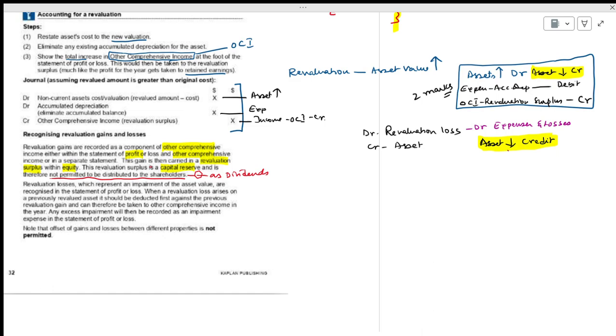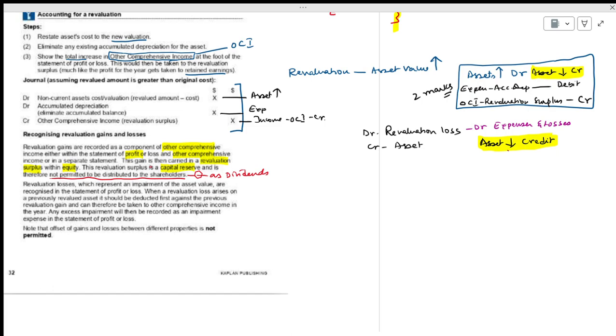This is only a revaluation amount. Actually, there is no money coming in or going out. It is only your assumption; you are increasing the value. In that case you cannot pay this amount as dividends. Very important. When you are doing my MCQs, you will understand what I am saying.